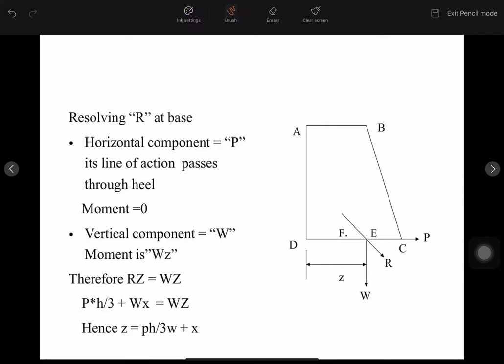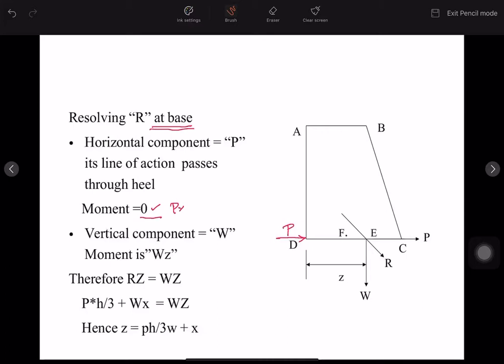Here, for resolving R at the base, the horizontal component P, its line of action passes through the heel. So I'm saying at base, if we consider at base, P will be acting like this. So there won't be any perpendicular distance, and because of that, P will produce no moment.